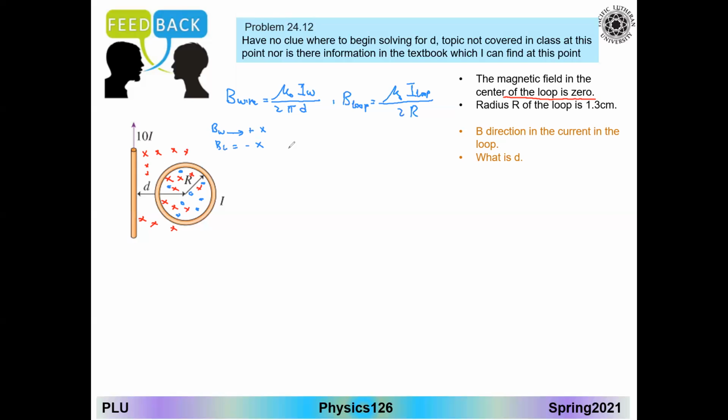Before we move on to find D, once I found the direction of the magnetic field that comes from the loop, I can identify the direction of the current. It should be counterclockwise. Now, since we have one component in the X direction, I can find my B total, positive and negative: B wire minus B loop.